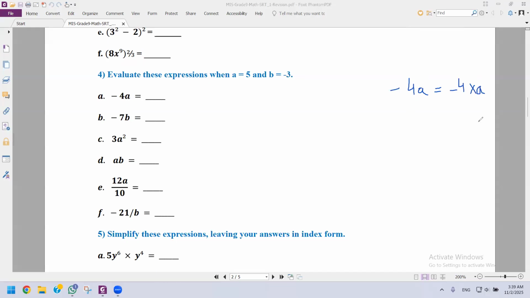So when I see minus 4 and a, this means multiplication. Now, what do I substitute a by? A is 5. So I do minus 4. Then I prefer to write it in a bracket, so I remember that it's multiplication. So minus 4 times 5 is minus 20.